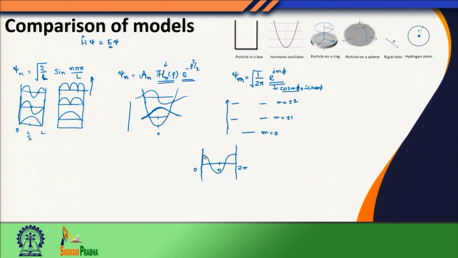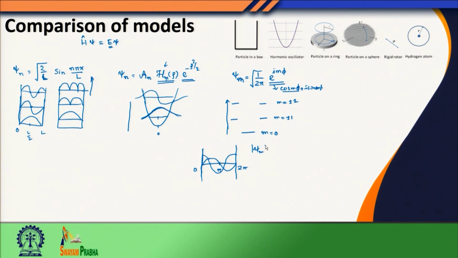At cos pi this will become minus 1, at 0 it will become plus 1, and at 2 pi it will become plus 1. So, this is how the cosine real part of the solution looks. The sine function would look like this.